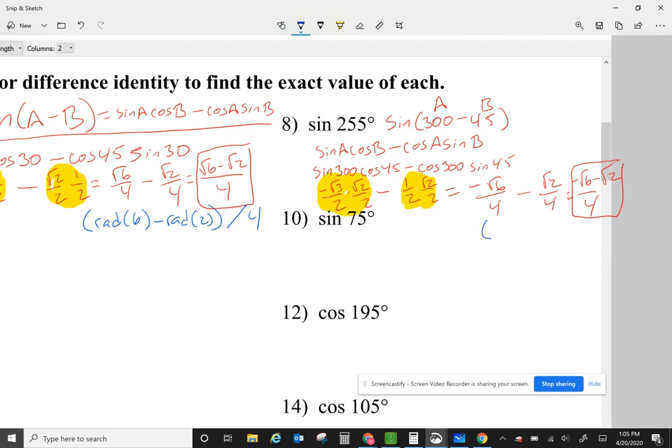I'm going to use parentheses on the top of my fraction because on the top of my fraction I have a plus or minus. So I'm going to go negative radical 6 minus radical 2 all over 4.